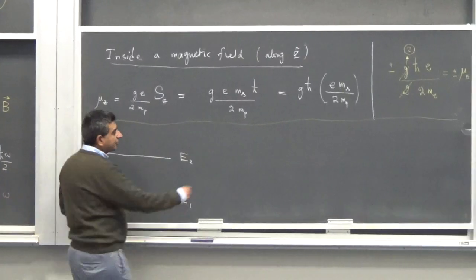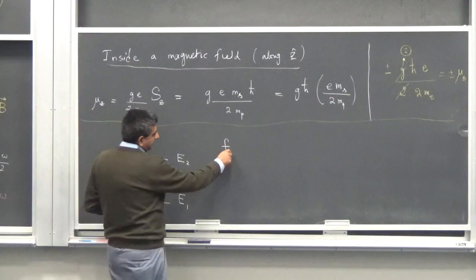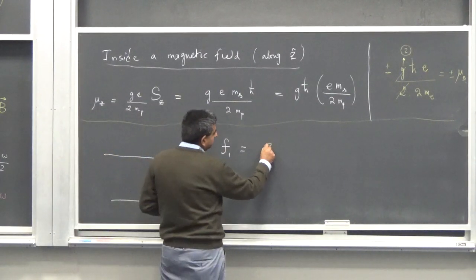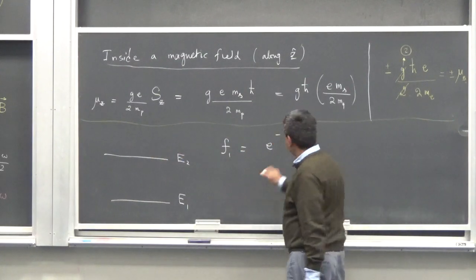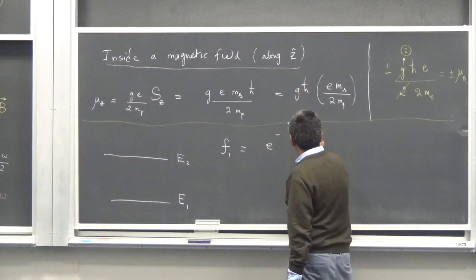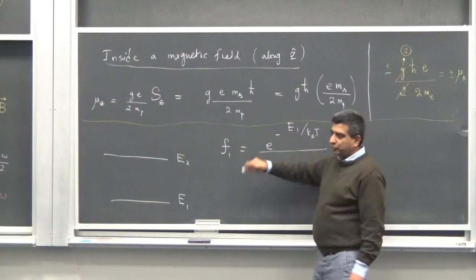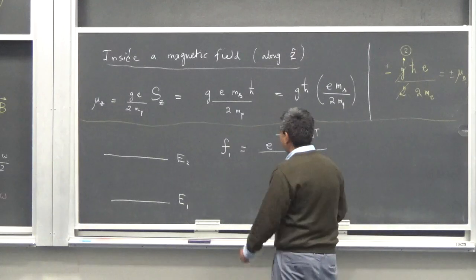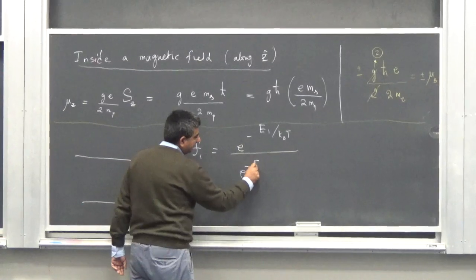So the fraction of electrons or particles in the lower energy is going to be given by exponent minus this energy E1 divided by Boltzmann constant times T, and you normalize. So you normalize by adding both of these things.